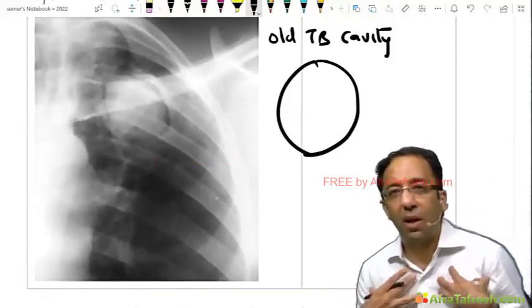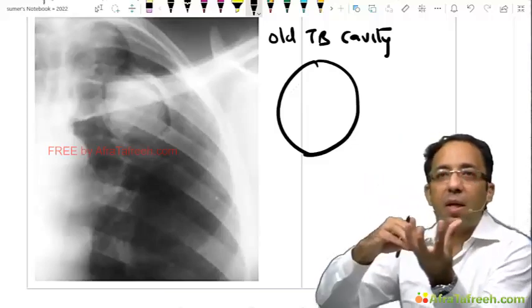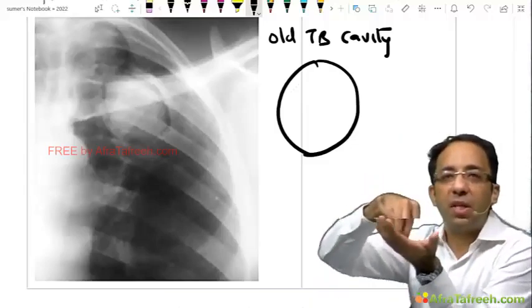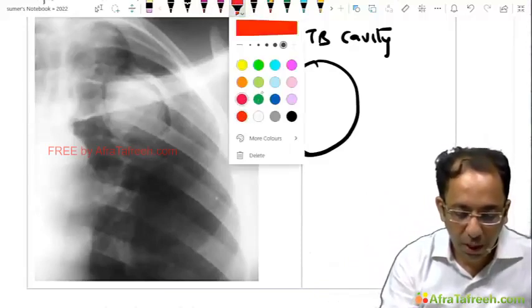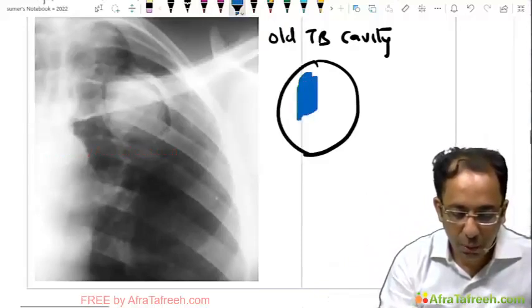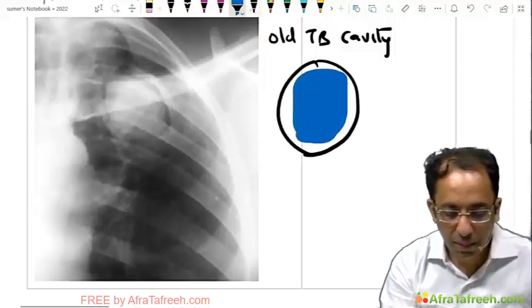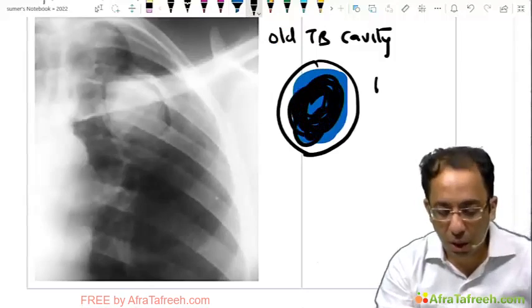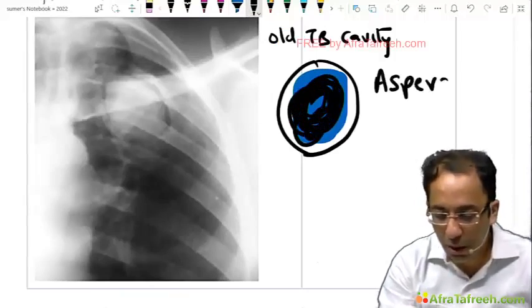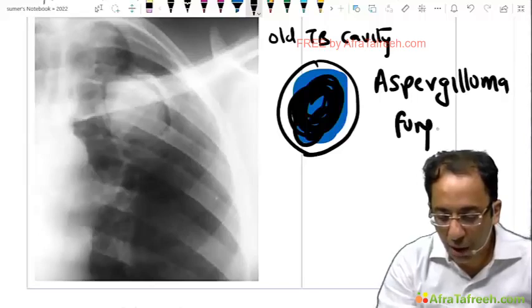If you have an old cavitatory lesion in the lung, it can act like a place where the fungus can colonize. So what can happen here? You may develop a fungal ball inside. This fungal ball, if it is formed inside, is called an aspergilloma or fungal ball.